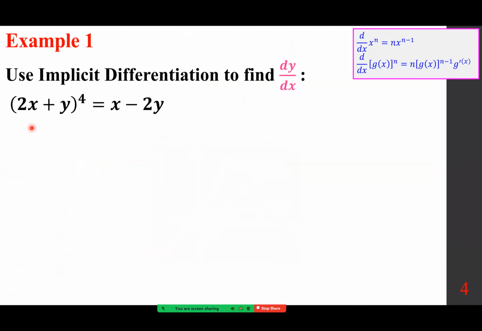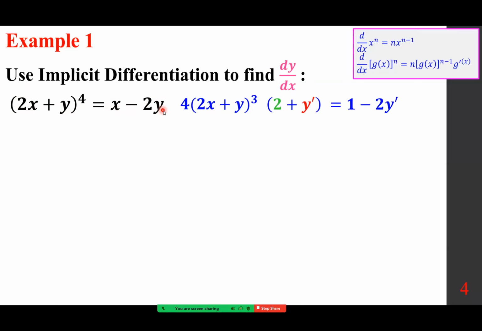We take the 4, we put it in front, (2x plus y) cubed, and then times the derivative of the inside, which is 2 plus the derivative of y, which is dy/dx or y prime. And on the right side, x gives us 1 minus 2, y gives us y prime or dy/dx.